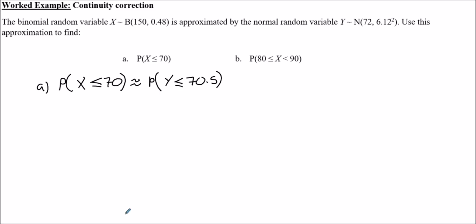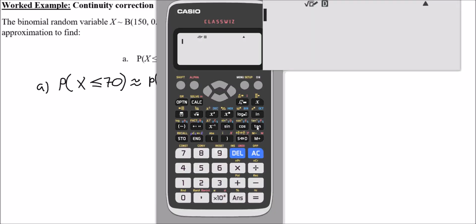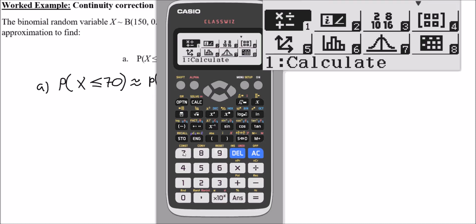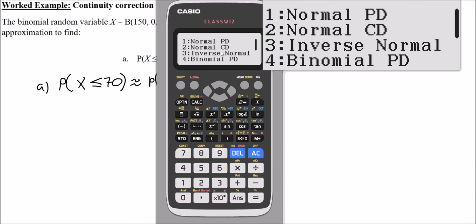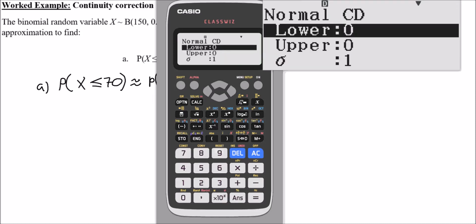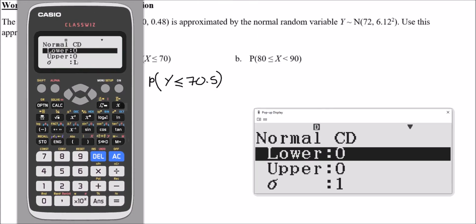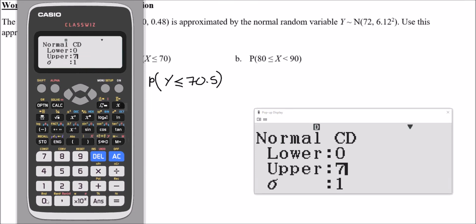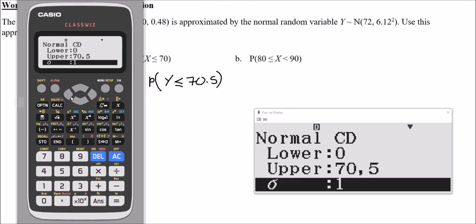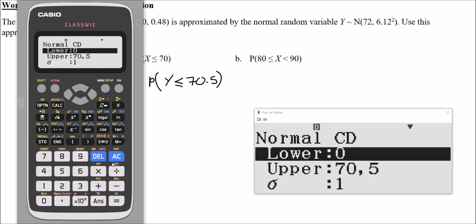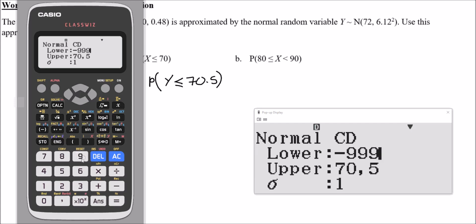So then we use the calculator for the normal distribution. So again, we press menu, then we go to option 7, we now go for normal CD, and we type in the limits as needed. So the upper limit is 70.5, the lower is unbounded, so just type in a really negative number for the lower, say minus 999,999.